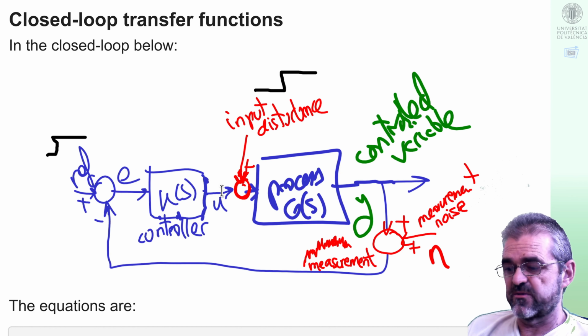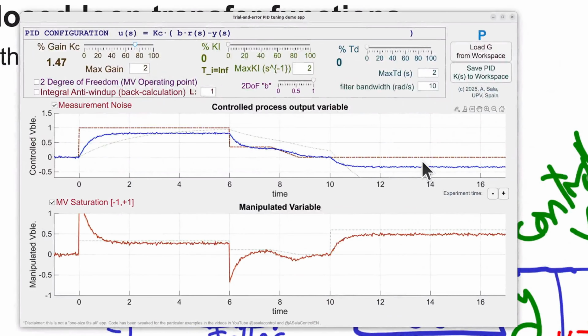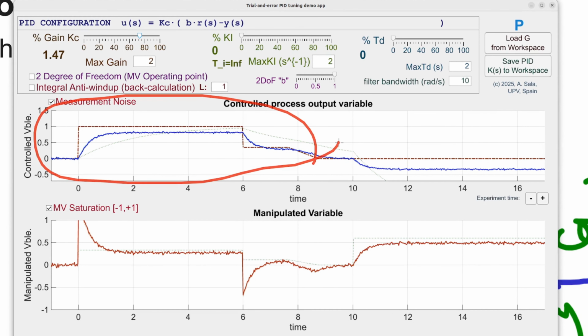This is the behavior we simulated in this application, with the input disturbance being a step at time 10. In this video we will discuss problem statement and set point tracking performance, and in a second video we'll discuss disturbance rejection and noise amplification issues.